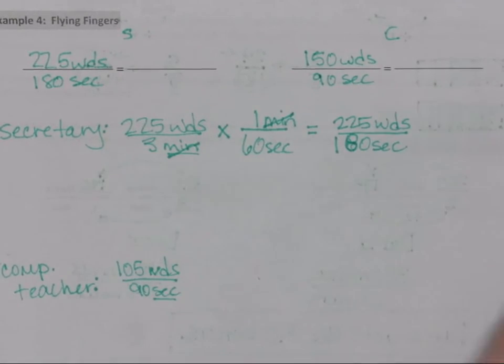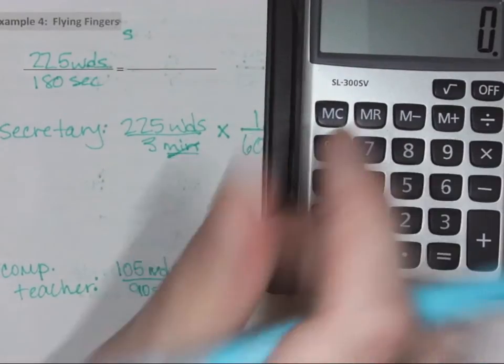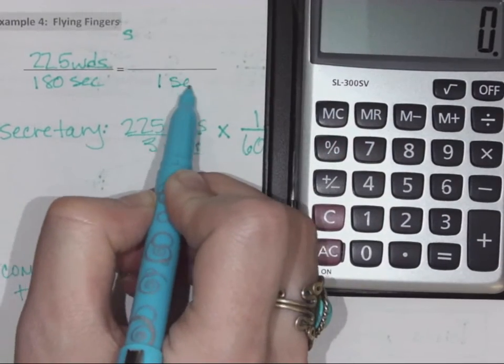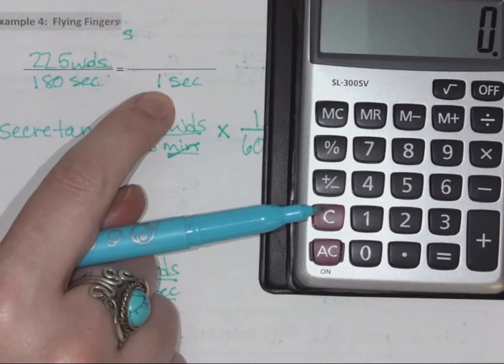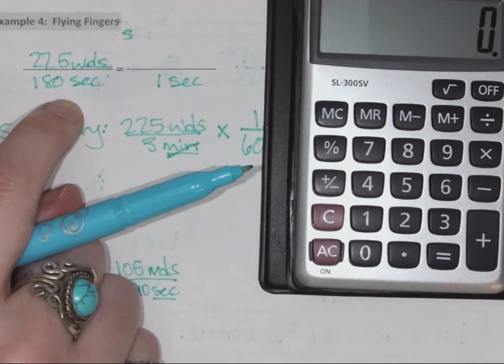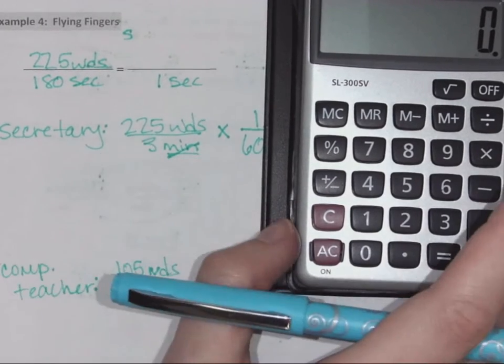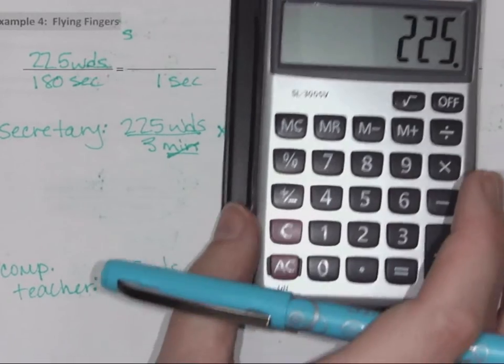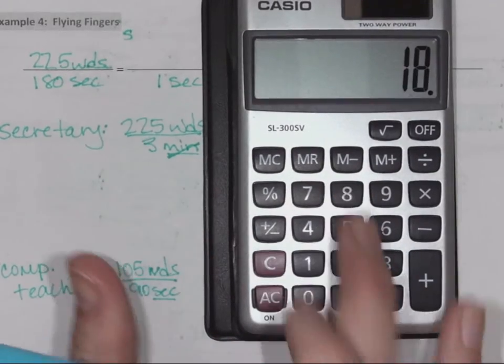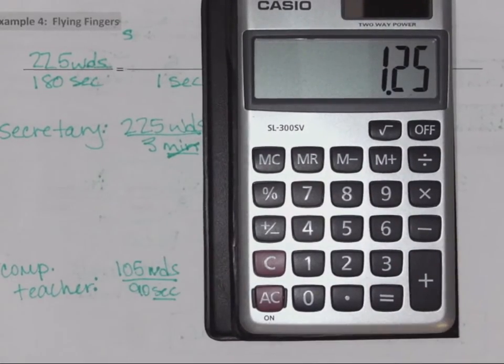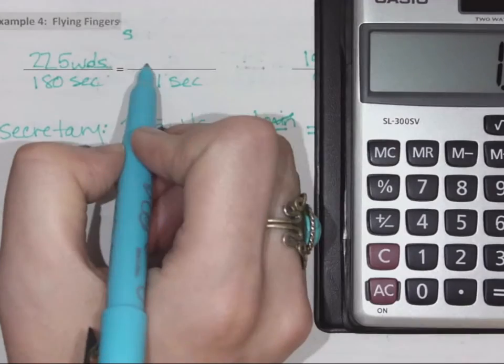We have to divide, right? Because we want per second, which means in 1 second, not 180 seconds. So we divide 225 words divided by 180 seconds gives us what? 1.25 what?